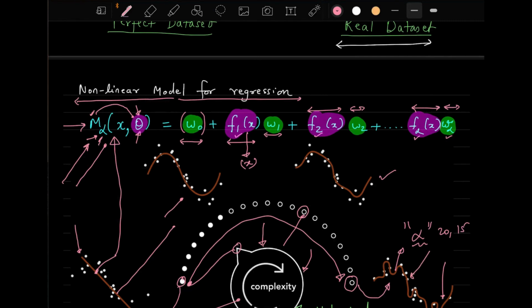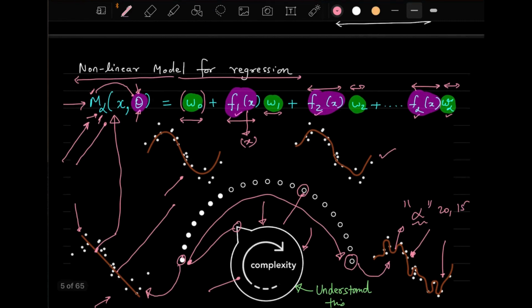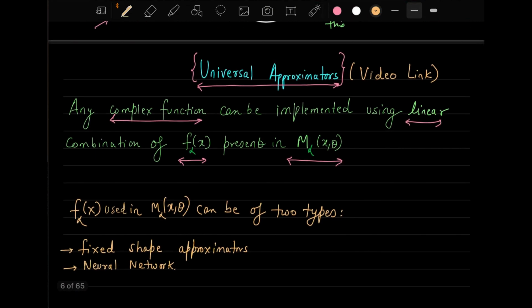This complex model can be easily implemented with this combination of f alpha x, weighted by weights w alpha, w1, w2 or whatever. So this is what this equation is saying: any complex function can be implemented using linear combinations of f alpha x present in m alpha x theta.